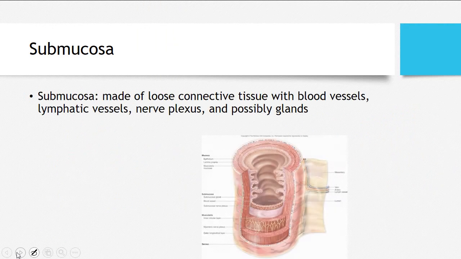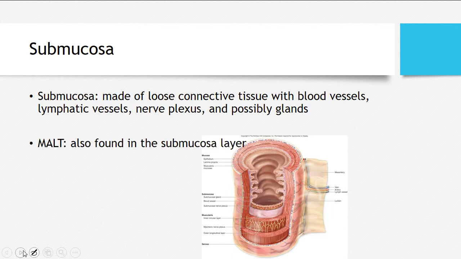In the submucosa, there's a lot of loose connective tissue with blood vessels, nerves, and also lymphatic tissue. There are certain structures that might occur in here that we'll take a look at in a second. Of course, there is MALT still at this location, even though it's called mucosa-associated. It is found in the submucosa, and more particularly in the ileum.